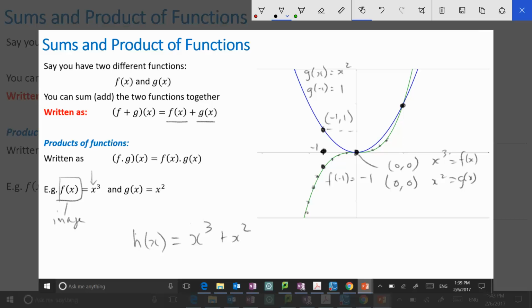So that means x equals 1. If this is 1, 1, they both have 1, 1. And that means, if I said h of x equals x cubed plus x squared, h of 1 will give me 1 cubed plus 1 squared is 2, which makes sense because you're just doubling that height. So this is your new x.